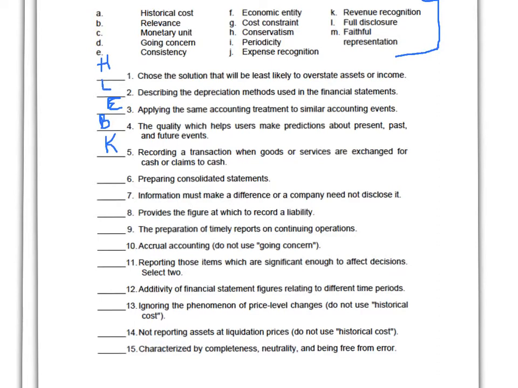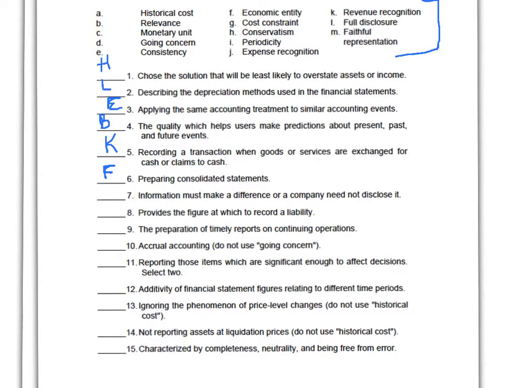That's the realization. Number 6, preparing consolidated statements. Well, that has to do with our economic entity, the entity concept. F.